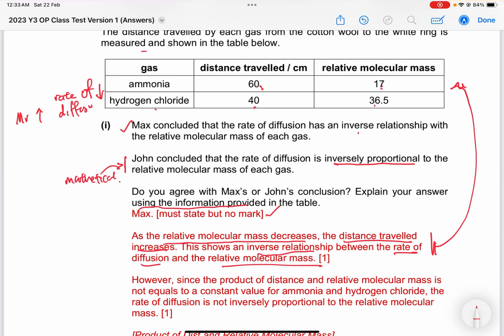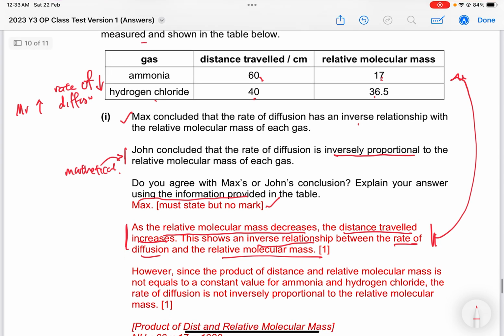Now if you ask me, actually I will improve on this answer, because if they want me to use the information, I will say that as the relative molecular mass decreases from 36.5 for HCl to 17 for NH3, the distance traveled increase from 40 cm to 60 cm. So that's actually how you quote the data. You must put the numbers in actually. Okay, this shows an inverse relationship between the rate of diffusion and the relative molecular mass.